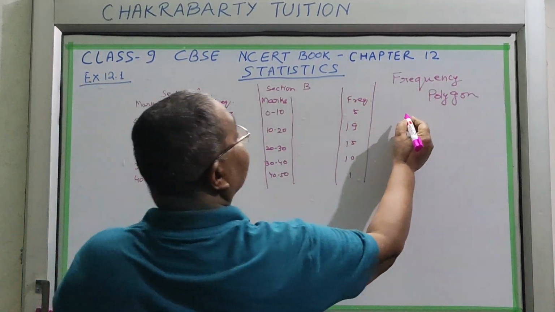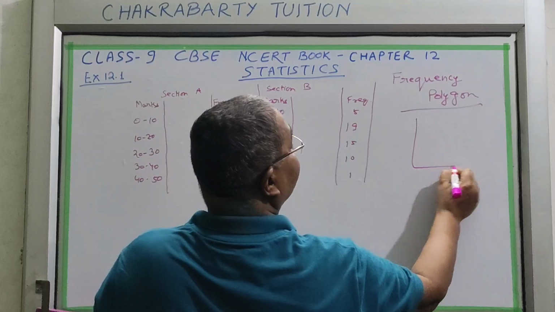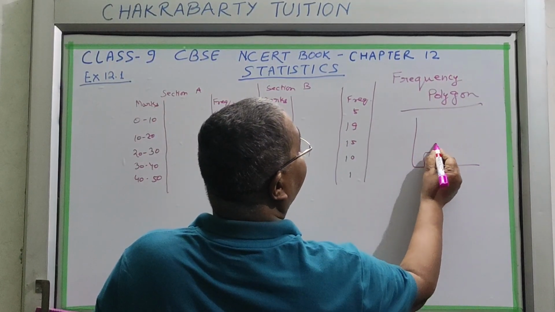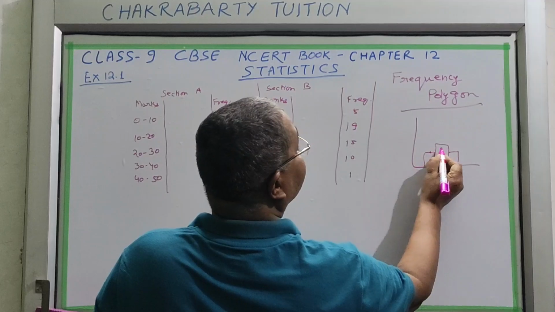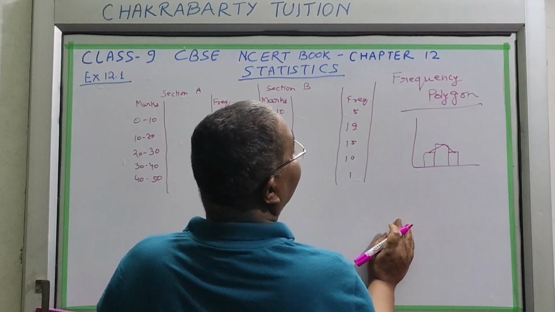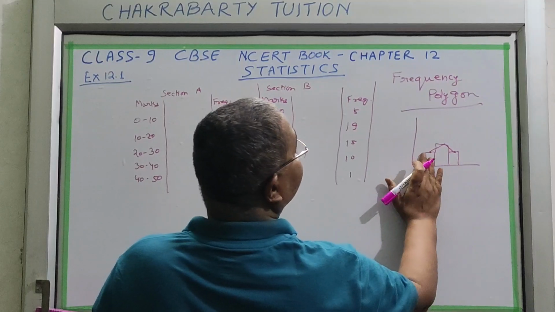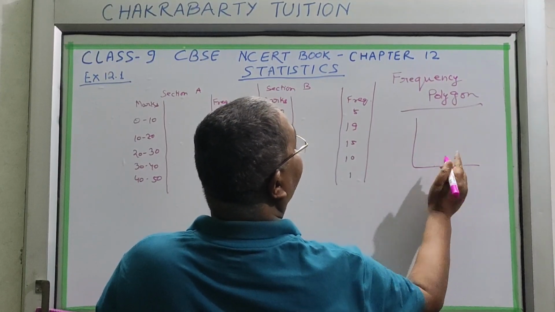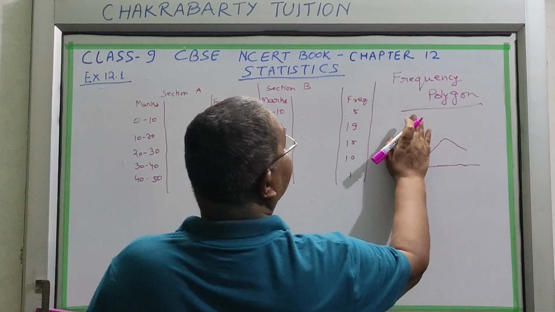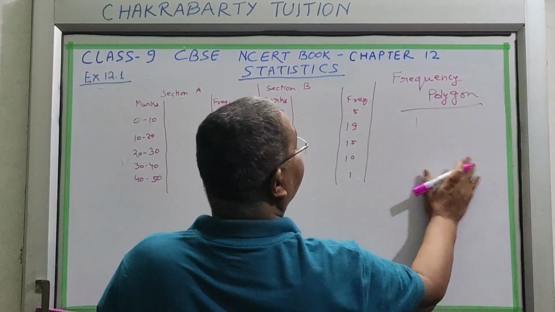You may remember the frequency polygon, in which we said we first make a histogram and then the midpoints. Suppose the midpoint is here. What we used to do was make it by a line. So instead of drawing these, we will draw it like this, by joining the midpoints. So the midpoint is required.